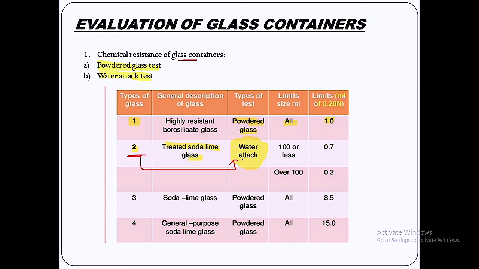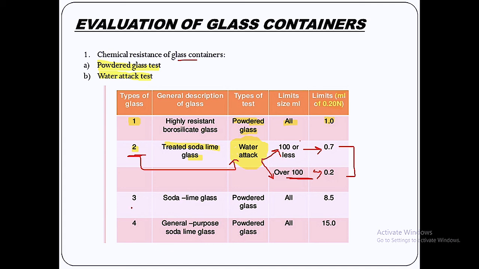Also, type 2 is divided into two sizes: 100 ml or less, and more than 100 ml. If 100 ml or less, the limit is 0.7; if over 100 ml, 0.2 is the limit. You must remember these things because a question is a must from these evaluation tests.